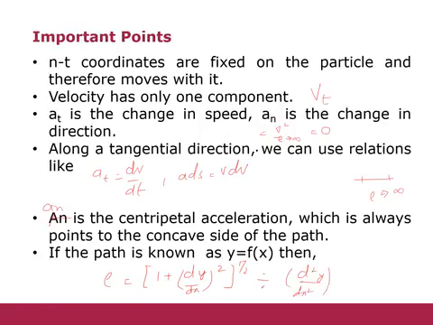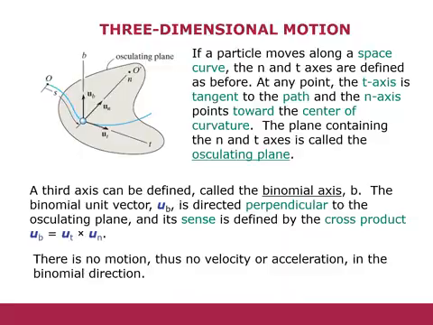This is the equation for calculating the radius of curvature at any point whose function is given to you. These are the important points to keep in mind while calculating the acceleration, velocity, or position in the normal and tangential coordinate system.